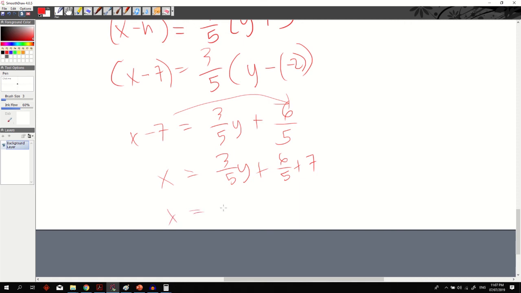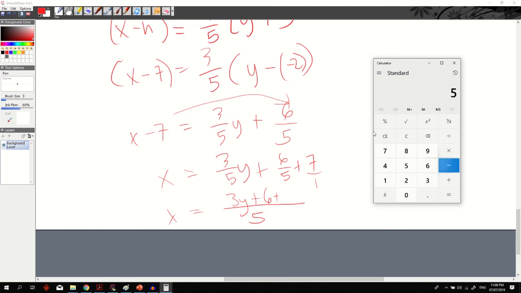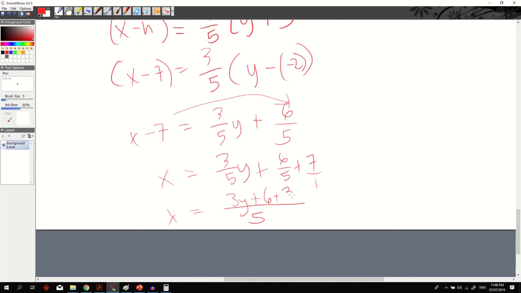So 5 times 7 equals 35. So we have 35 plus 6 equals 41 over 5. So x equals 3y plus 41 over 5.